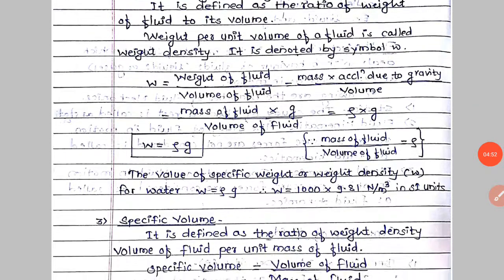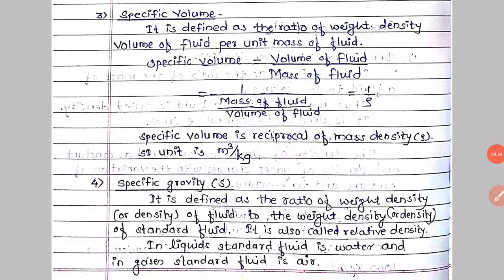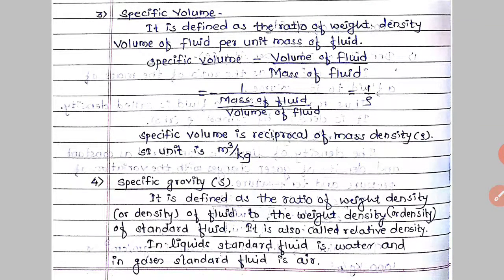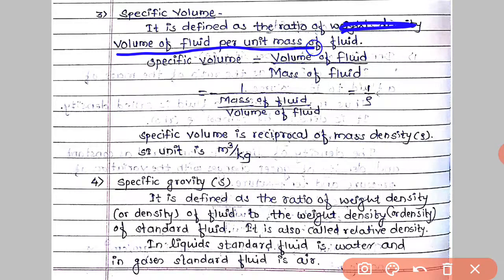Now next property is specific volume. So how to define specific volume? It is defined as the ratio of volume of the fluid per unit mass of the fluid, that is, it is the reciprocal of mass density.